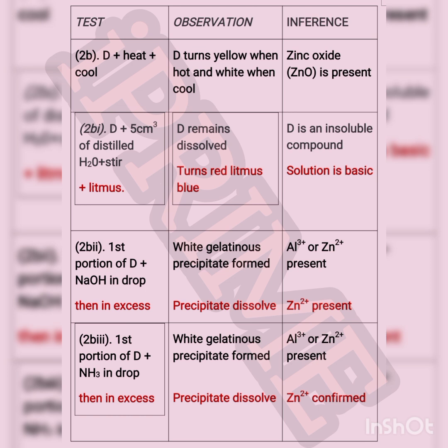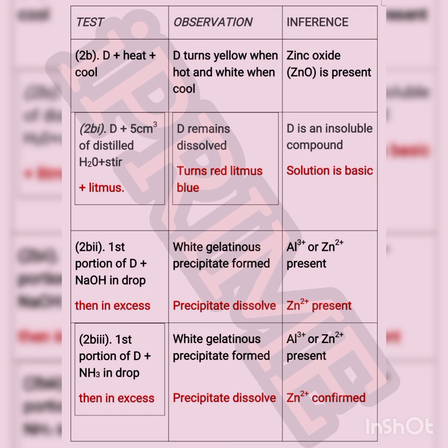So in drops, they want you to give an account of the color of the solution or precipitate formed. Then in excess, they want to test if the precipitate will dissolve or not. I repeat, please, you shouldn't for any reason write PPT to represent precipitate like many students do. You should take your time to write precipitate in full.